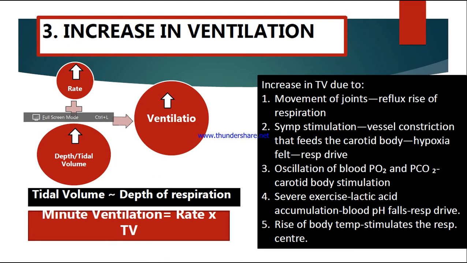The third short-term effect of the respiratory system in exercise is an increase in ventilation. So the rate of ventilation, that is the breathing per minute, will increase. The depth of respiration, or tidal volume, also increases, and they will ultimately increase the ventilation.